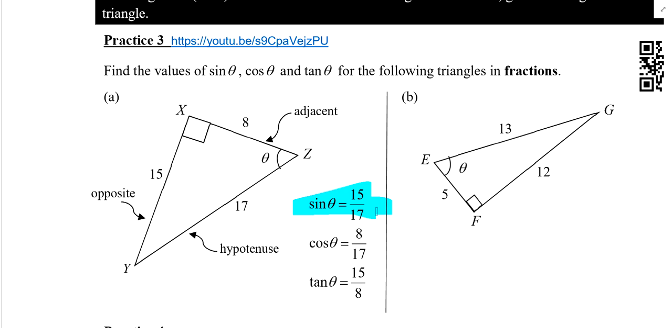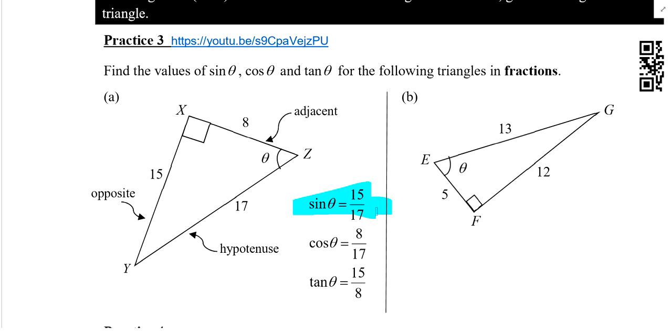I will press shift sine, because you see, I've got a sine. It looks like power -1, but it is not. It is called inverse. It means go backwards. So the inverse of sine 15 divided by 17, because that's the question.